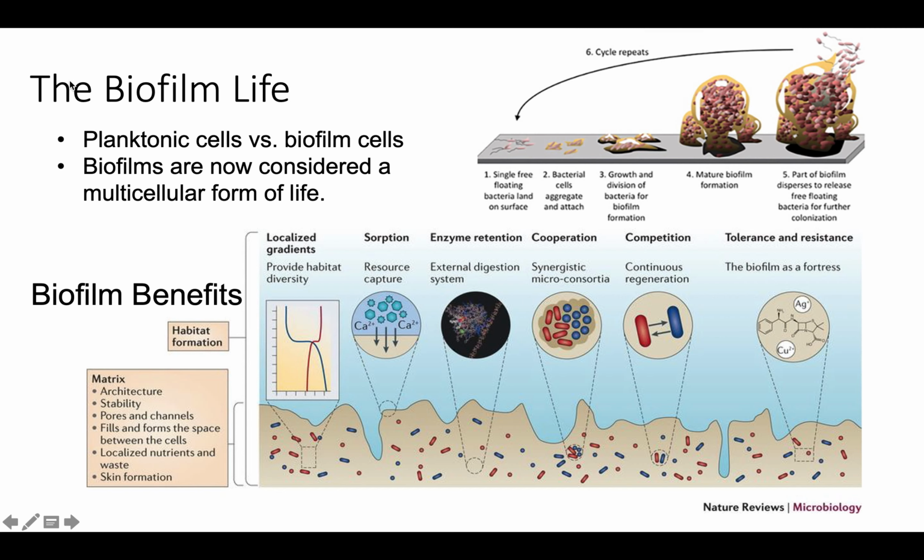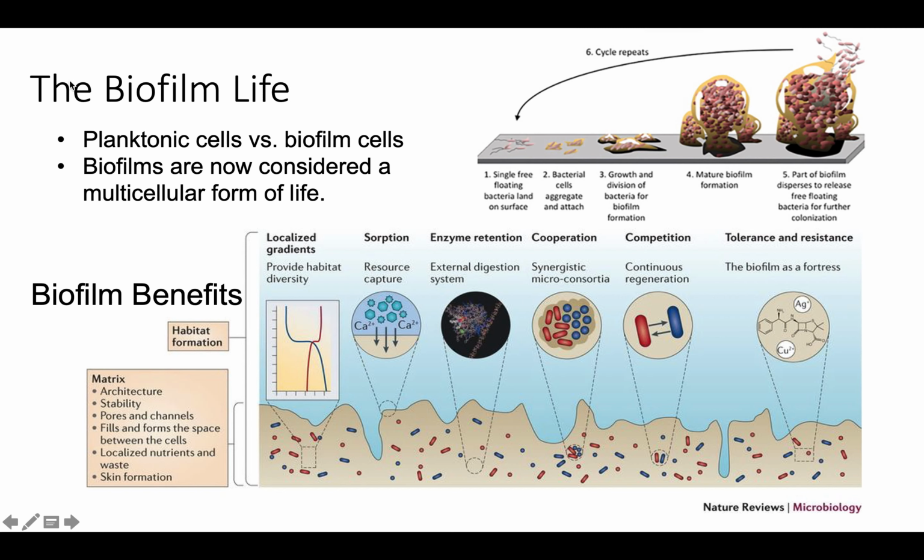I'm going to be ending here in a few minutes, but I'm just going to talk a little bit about the biofilm again. There will be some questions on the exam about the biofilm. So, as I've said, there are cells that free float.